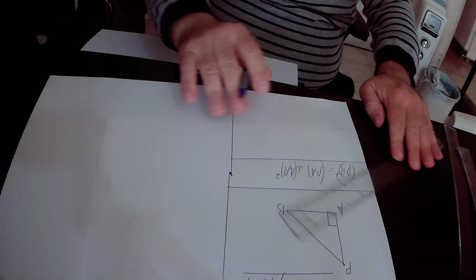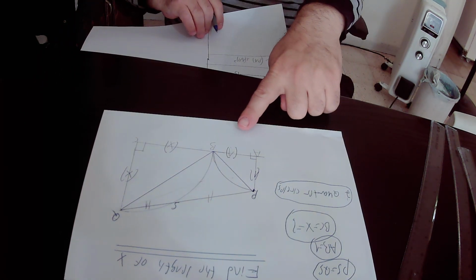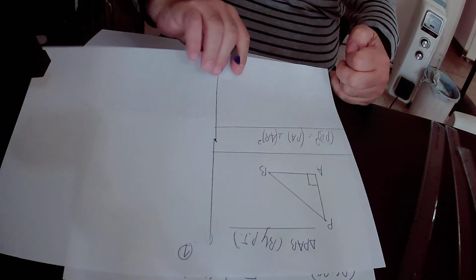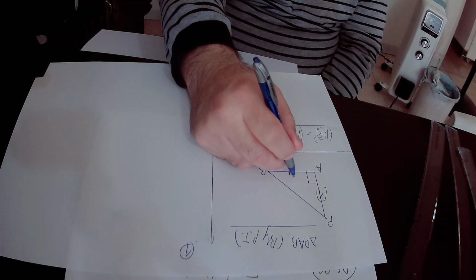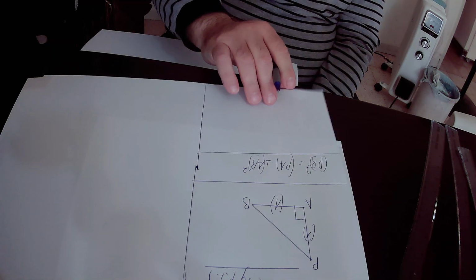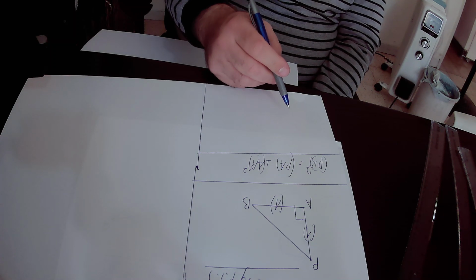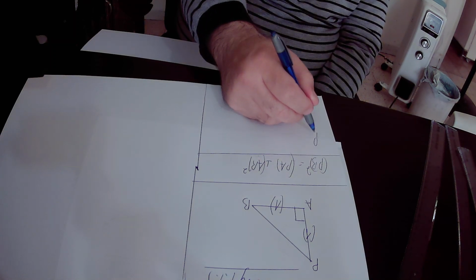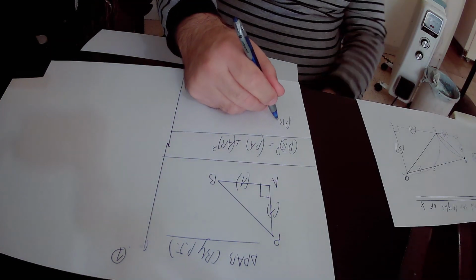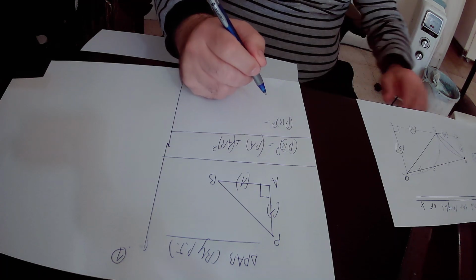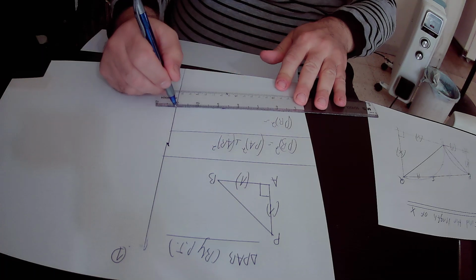We have already found out that PA equals 1 and AB equals 1. So side PA equals 1 and side AB also equals 1. So in the right triangle PAB, PB squared equals PA squared plus AB squared.